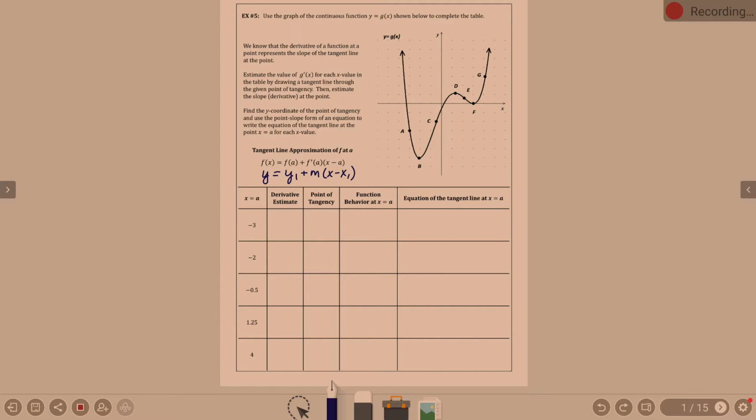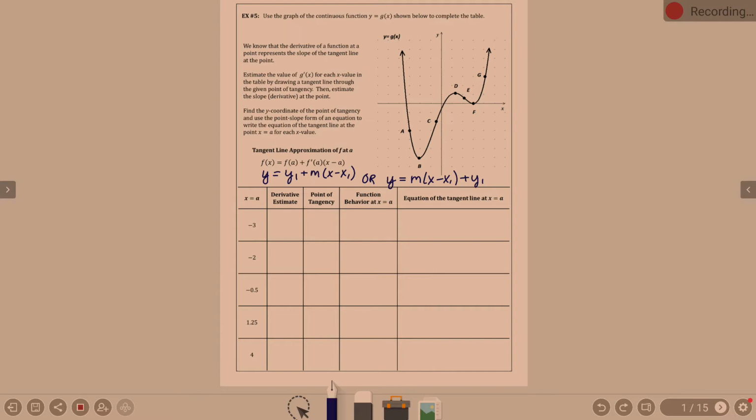When they say f of x equals f of a, so that's the y value, plus the slope, f prime of a is the slope, times x minus a, so x minus the x value. Now, the only difference is, when we write it, we usually put the y1 at the end. So you could also say y equals m times x minus x1 plus y1.